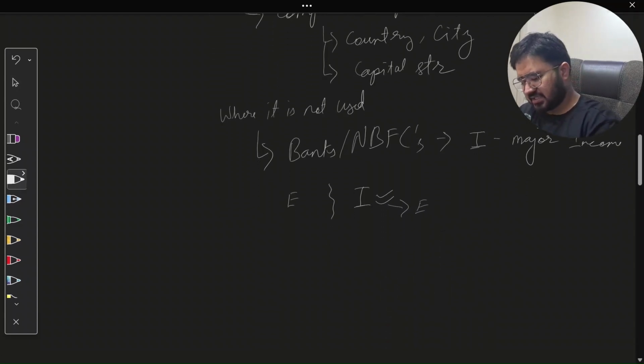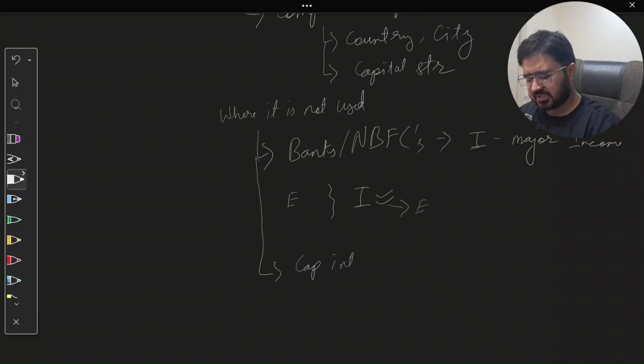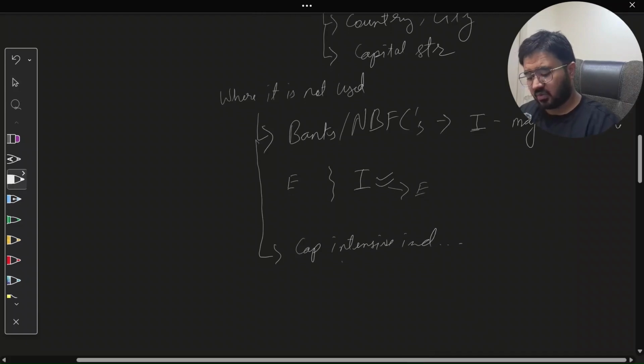The second place where it is generally not used is capital intensive industries. Why is that the case?